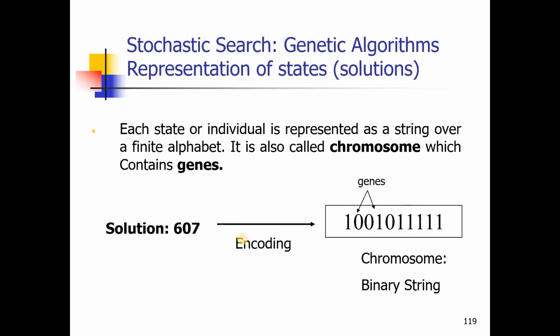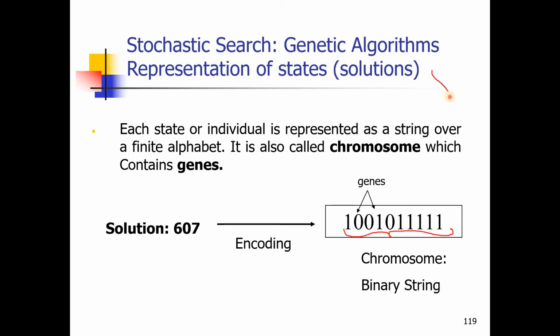So first of all, how the states are represented. Each state or individual is represented as a string over a finite alphabet. So we represent them as a string of characters, or you can say numbers. The whole string that we have over here, we call a chromosome. This is the same word that comes from genetics.